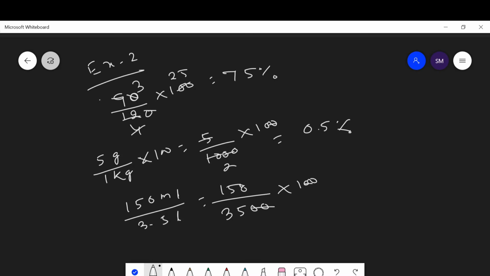The zeros cancel, which is equal to, when you cut it 5 times 7, this is 30. This is equal to 30 upon 7 percentage, which is equal to 4 whole 2 upon 7 percentage when you convert it into mixed fractions.